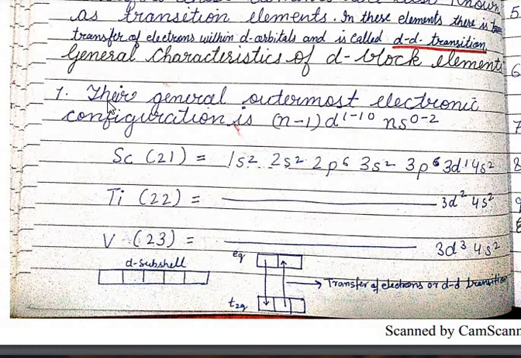For scandium, atomic number 21, the electronic configuration is 1s2, 2s2, 2p6, 3s2, 3p6, 3d1, 4s2. Titanium 22, the outer electronic configuration is 3d2, 4s2. Vanadium 23, 3d3, 4s2.